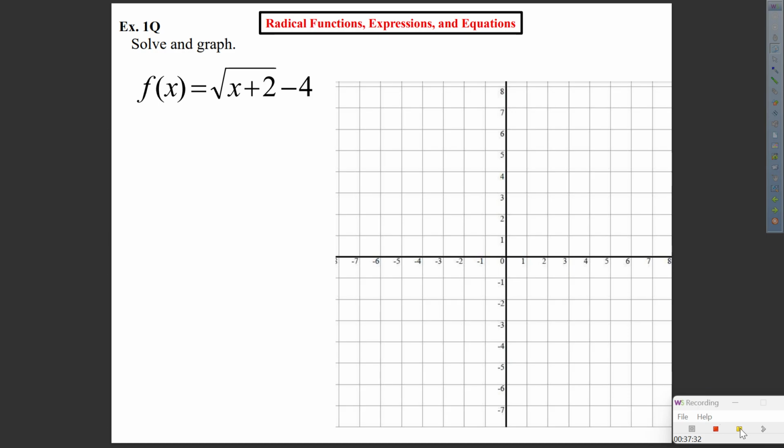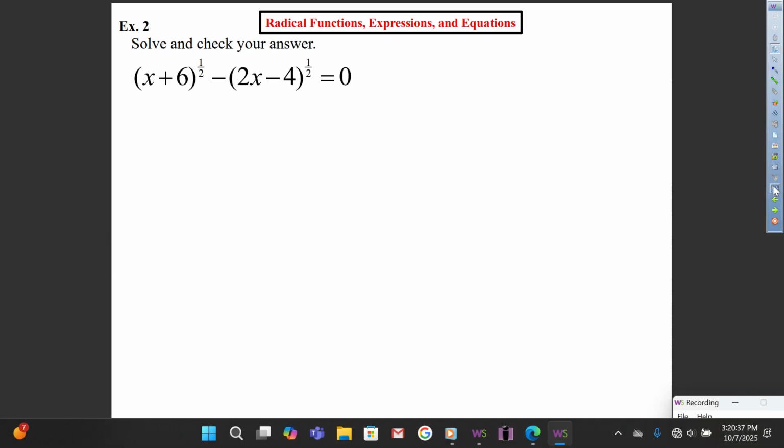Let's go back to our notes. Last problem. Write that down, please. Example number 12.